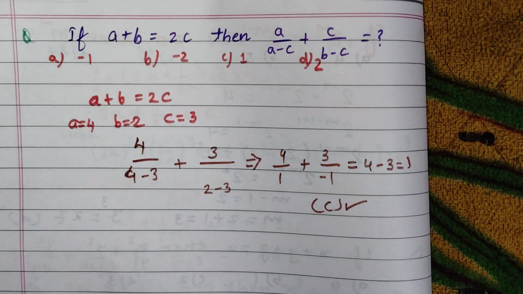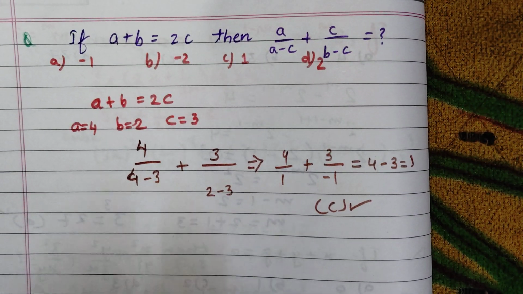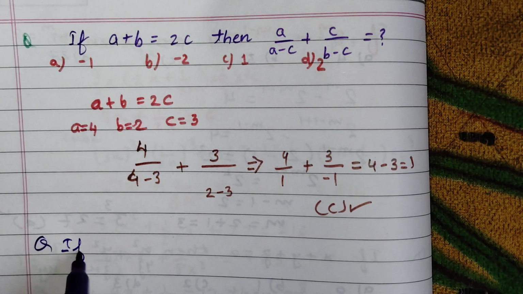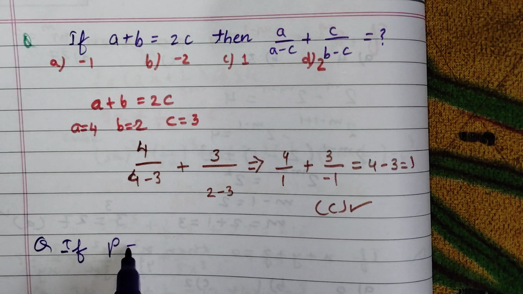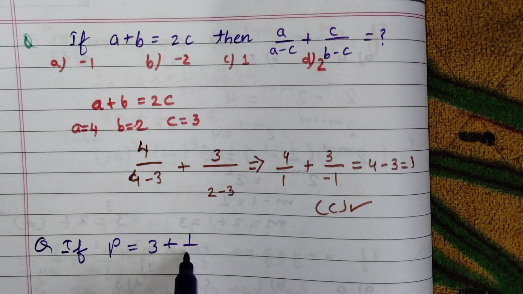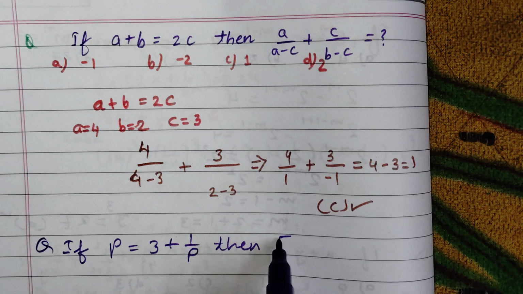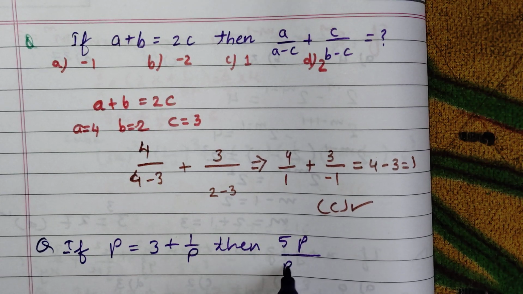Our next question is: if p equal to 3 plus 1 upon p, then find 5p upon p square plus p minus 1.